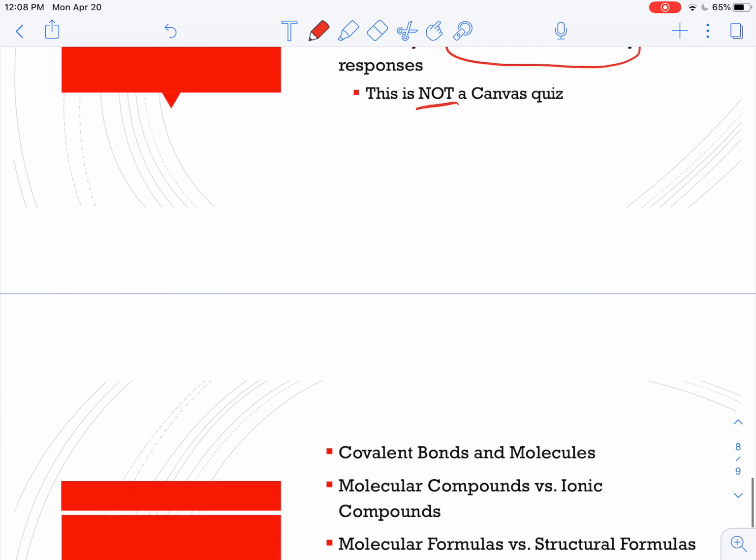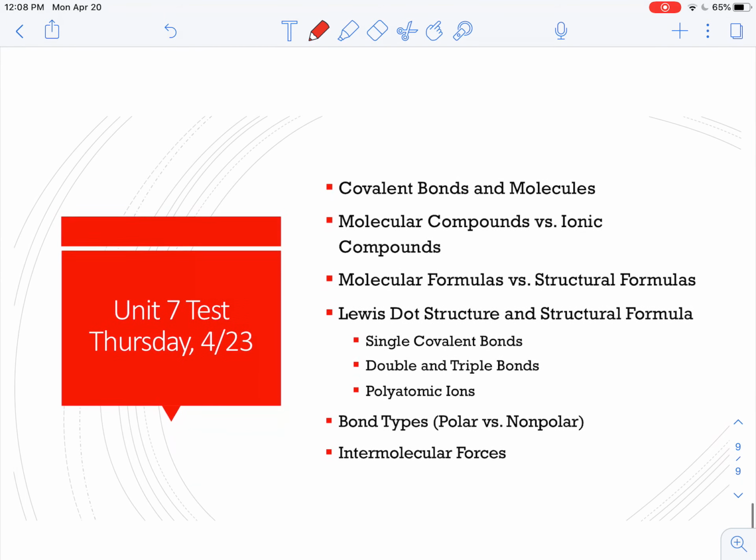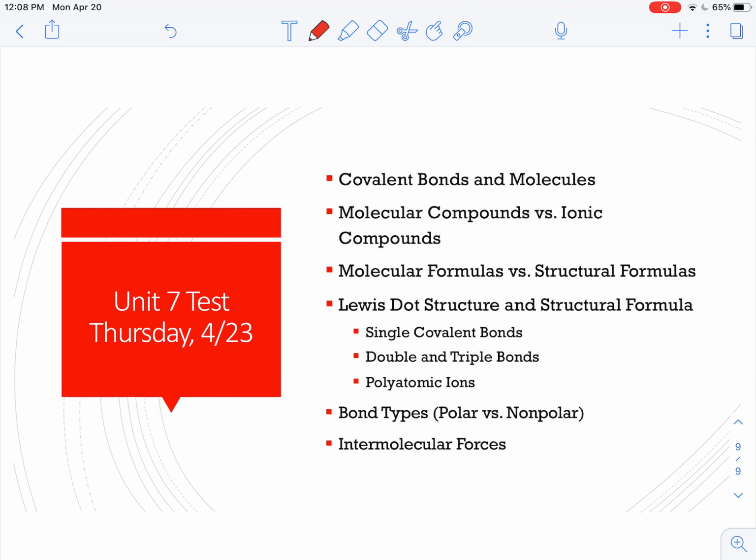And when we think about the topics, right, everything we've done in Unit 7, going all the way back to the beginning, we talked about covalent bonds and how they will form molecules. We compared the different properties between molecular compounds and ionic compounds. We looked at the difference between structural formulas and molecular formulas. Then we figured out how we could actually create and draw these structural formulas, beginning first with single bonds, then expanded to double, triple bonds.